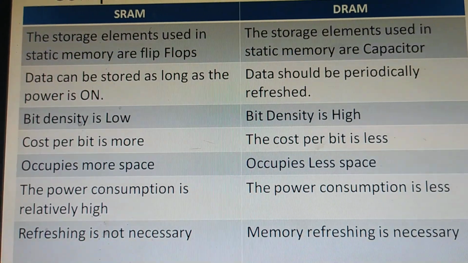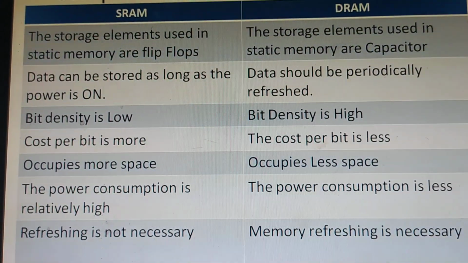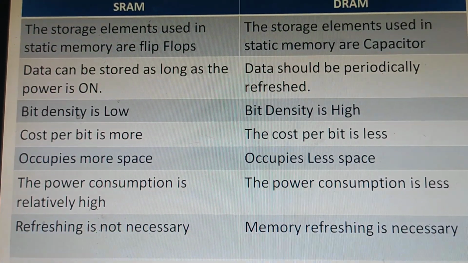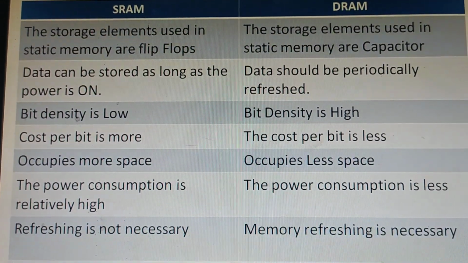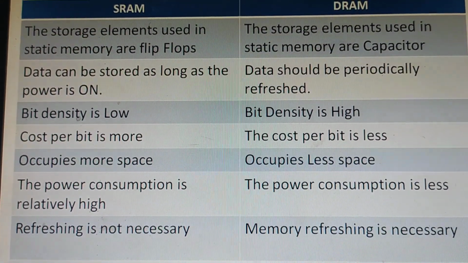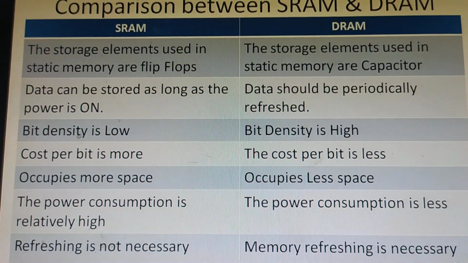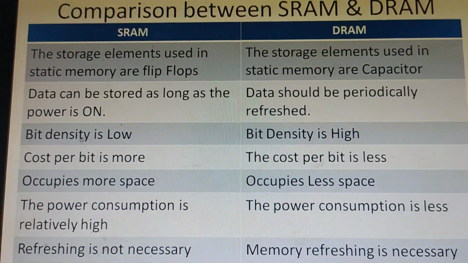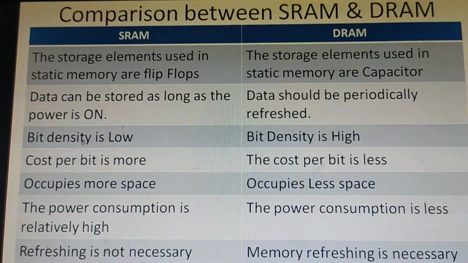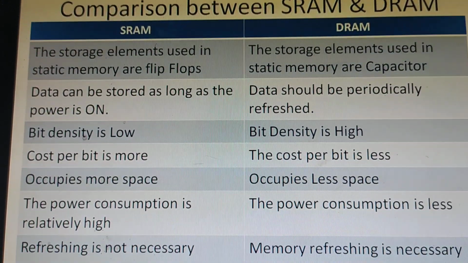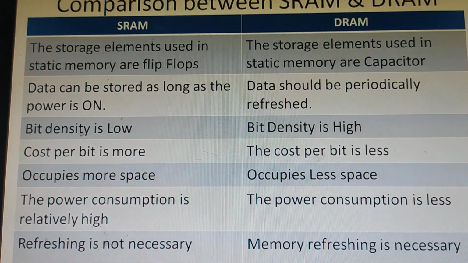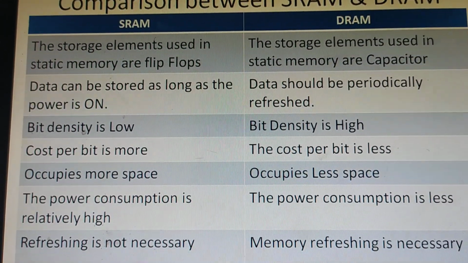Regarding refreshing, in SRAM, once the flip-flop is stored with data, no refreshing or rewriting is required. Once the data is placed, it is safe. But in DRAM, the data should be refreshed and rewritten again and again to keep it safe.